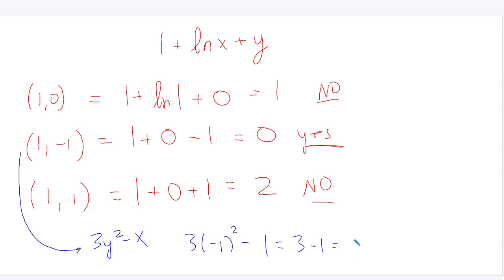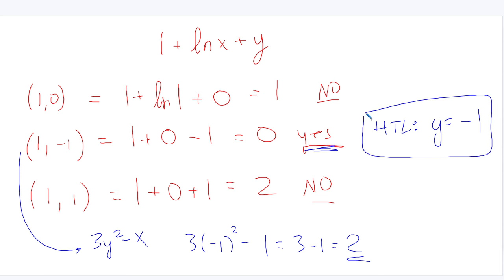Since we got a 2 and we didn't get a 0, that's a good thing. That means that this is going to work. So we have one horizontal tangent line, and our horizontal tangent line is just y equals that y value of negative 1.